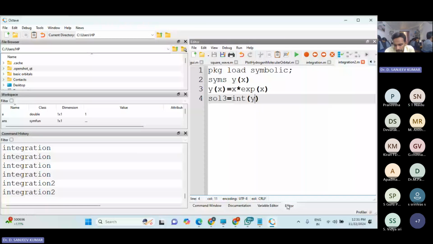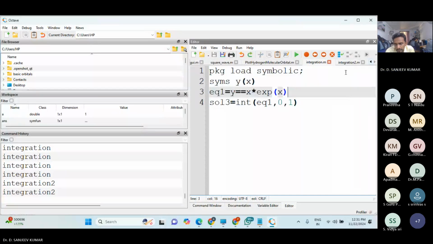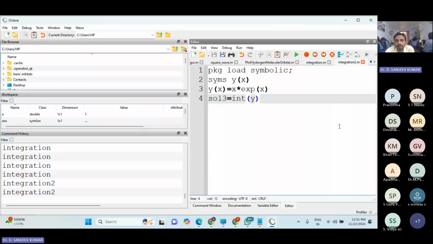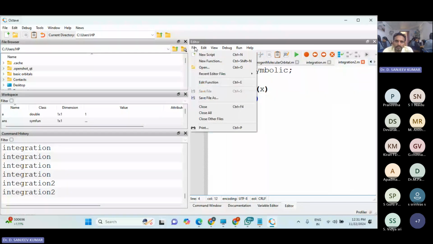So you can write the equation directly like this. Same way you can try differentiation also, symbolic differentiation.